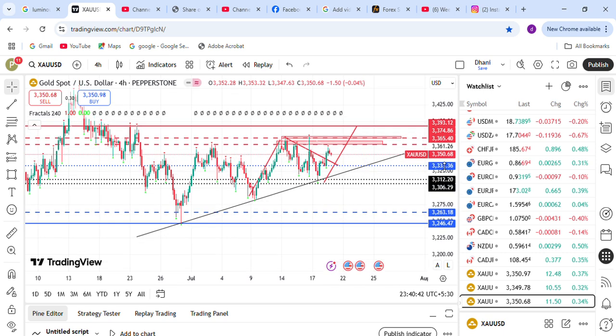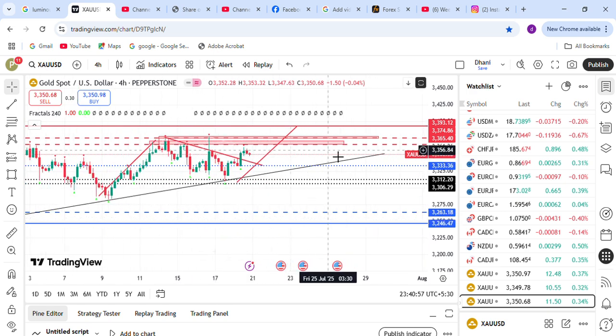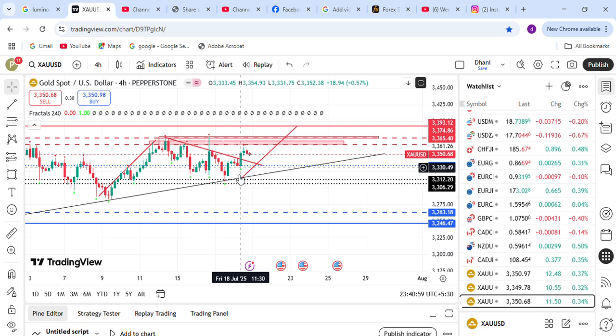It means this was a universal spike that occurred on the euro dollar as well, gold as well, and some other pairs. So yes, for Monday only, I think this 33.35 can become a good support, right, for Monday or Tuesday.